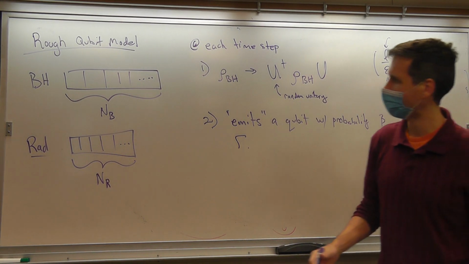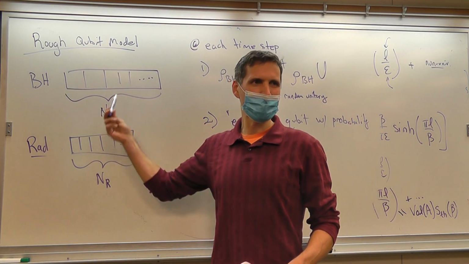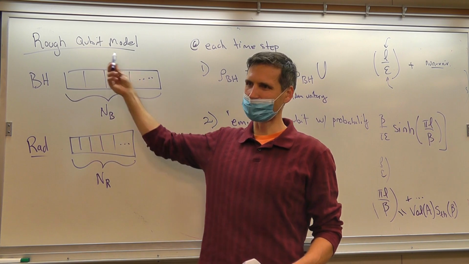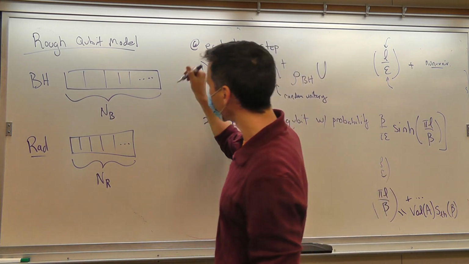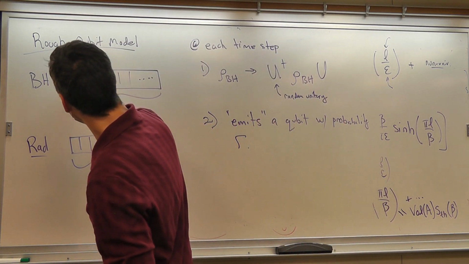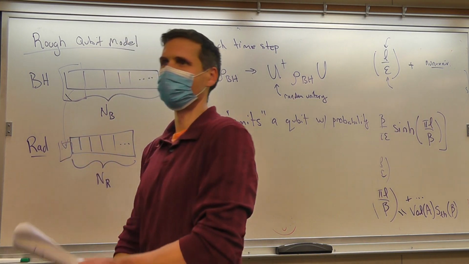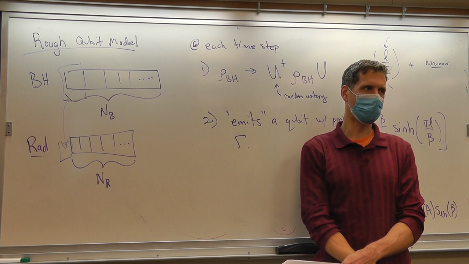So there's random evolution going on in the black hole, which models some complicated quantum gravity physics that we don't understand. And then every once in a while, one of these qubits gets pulled off and moved into the radiation. That's the model.